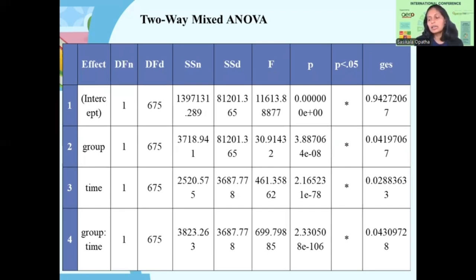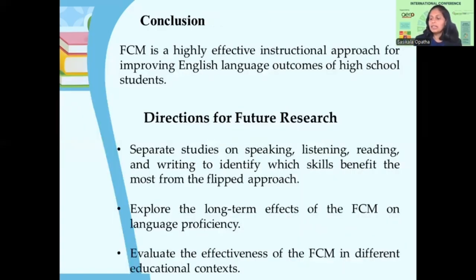As well as the eta squared value for the interaction effect is 0.043, which indicates a moderate practical significance of the intervention. From these findings of the statistical analysis, it can be concluded that the flipped classroom model is a highly effective instructional approach for improving English language outcomes of high school students in Sri Lanka.